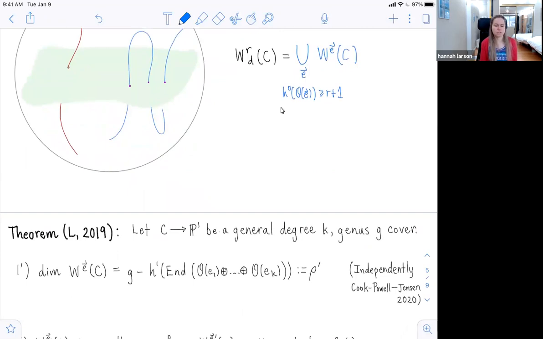First, I proved in 2019 that the dimension of W^e is equal to its expected dimension viewed as a splitting locus for vector bundles on P1.